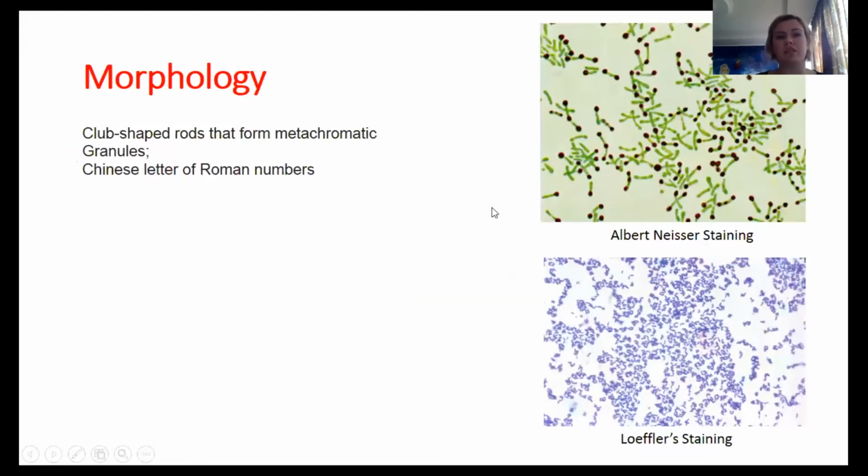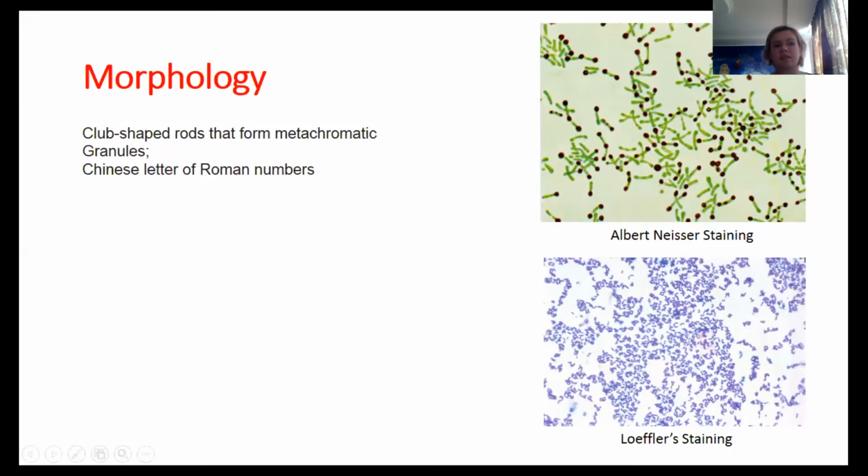Morphology of Corynebacterium diphtheriae. These are club-shaped rods that form metachromatic granules, which are called Babes-Ernst granules. Their position in the smear looks like Chinese letters or Roman numerals. On the right side of the screen, you can see microscopic pictures of Corynebacterium diphtheriae by Albert Neisser staining and Loeffler staining.